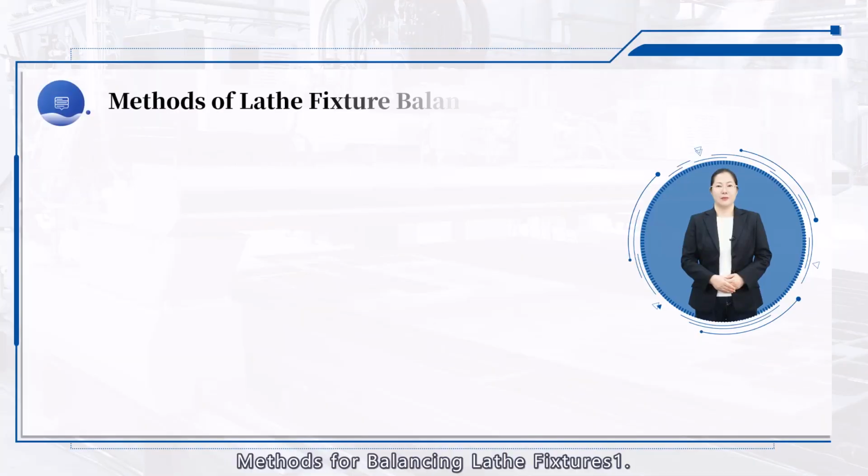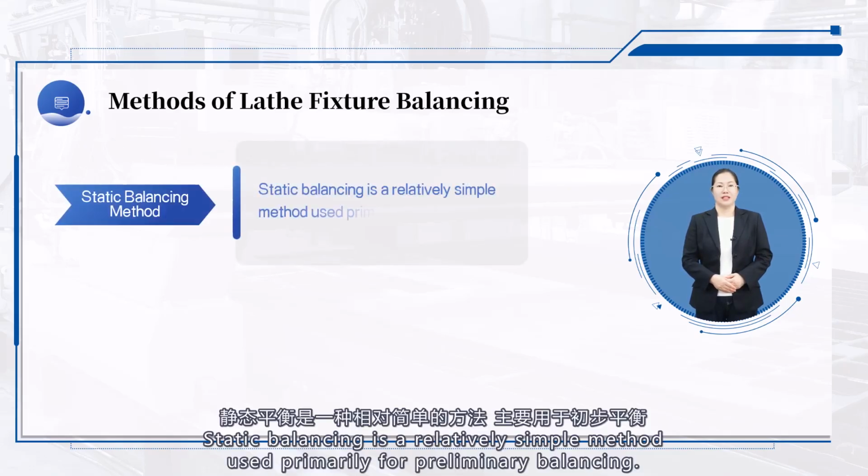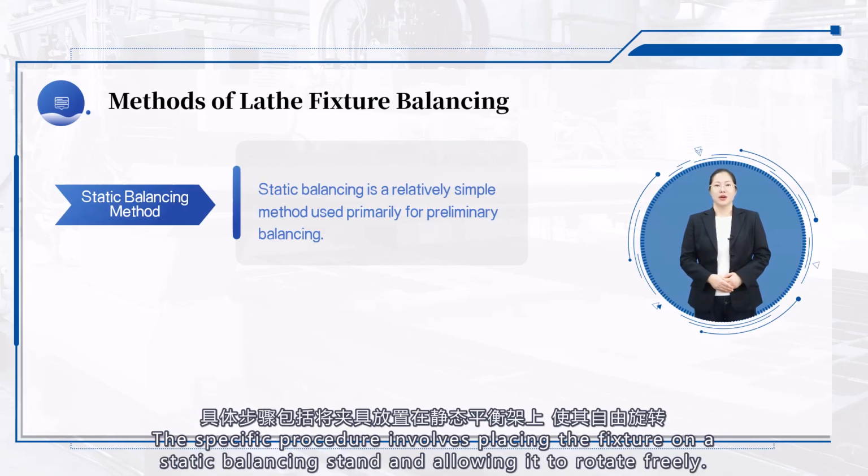Methods for balancing lathe fixtures. 1. Static balancing. Static balancing is a relatively simple method used primarily for preliminary balancing. The specific procedure involves placing the fixture on a static balancing stand and allowing it to rotate freely.